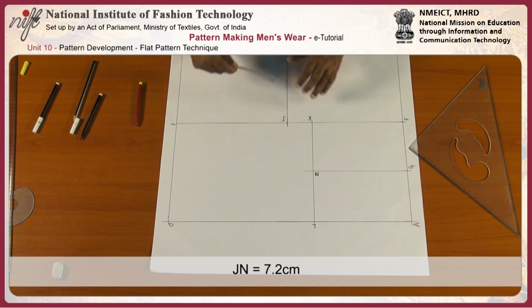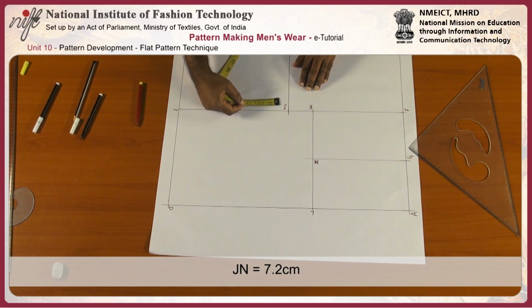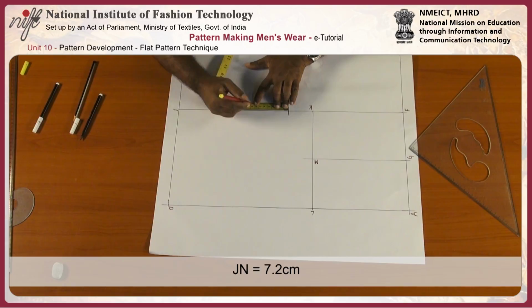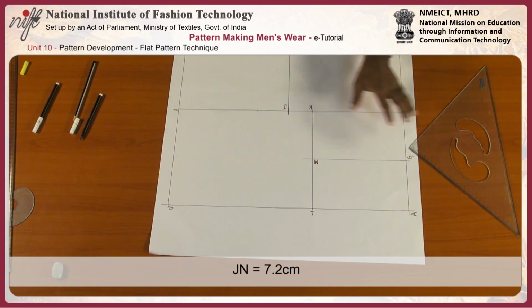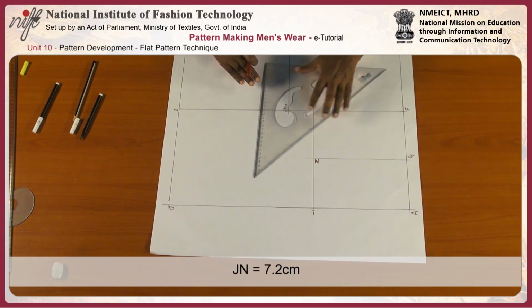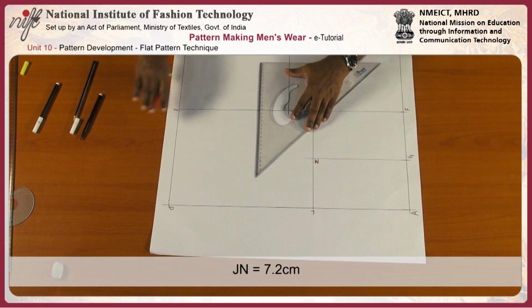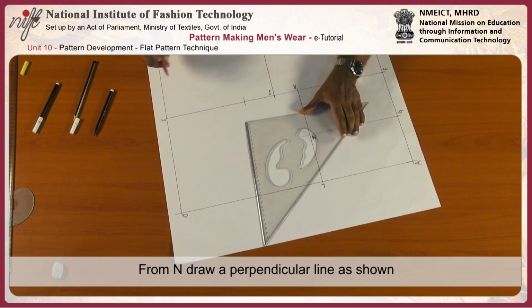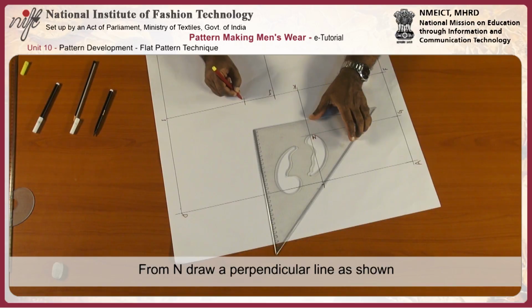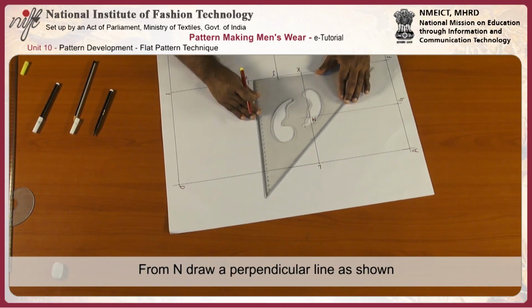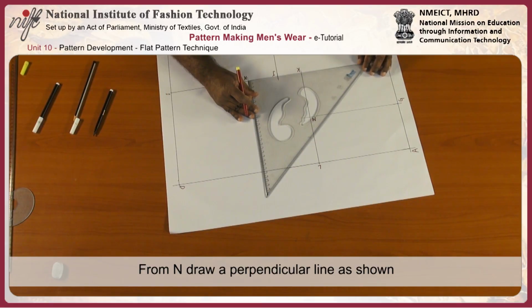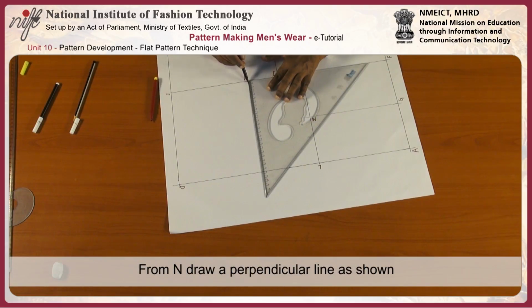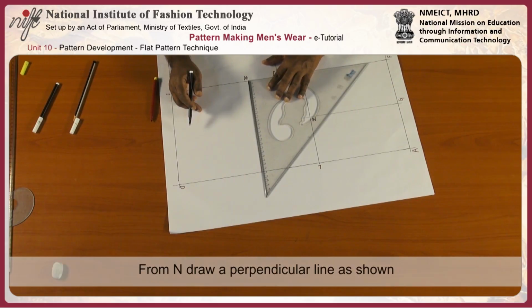Now J to N will be 7.2 centimeter. Then from point N, draw a perpendicular line as shown.